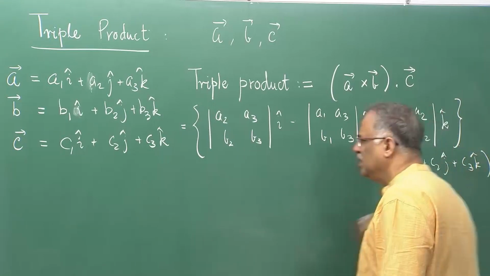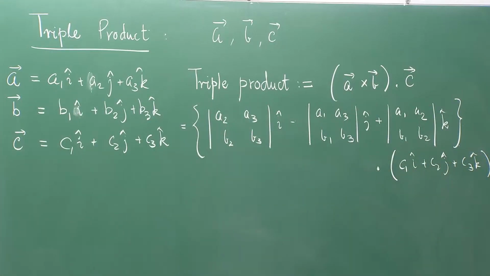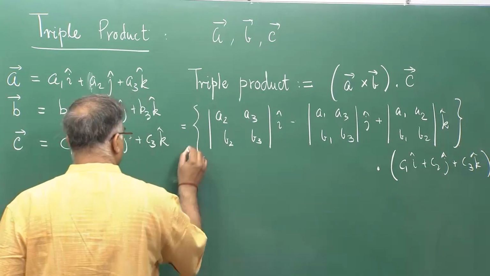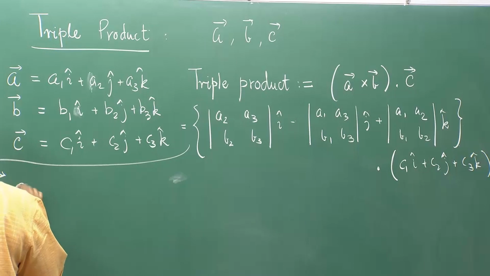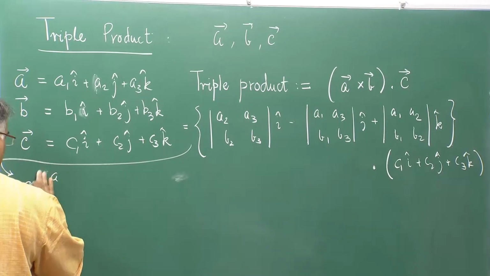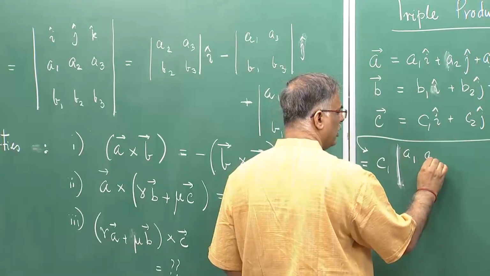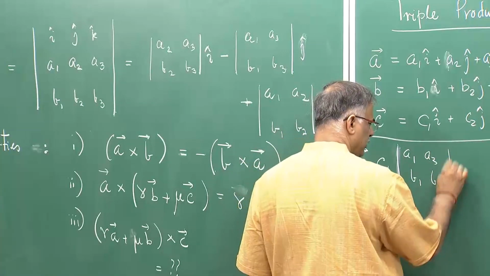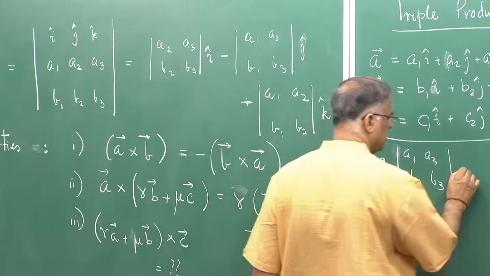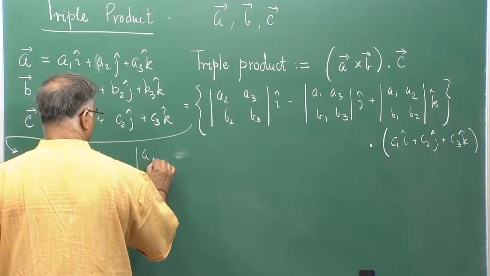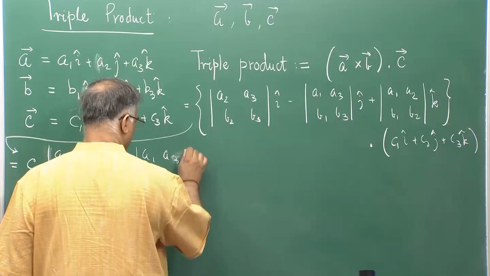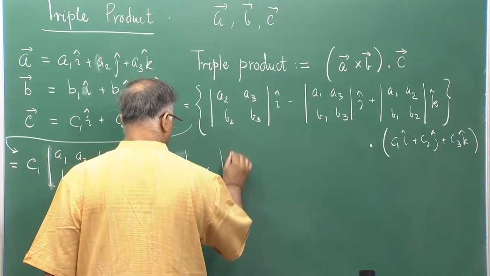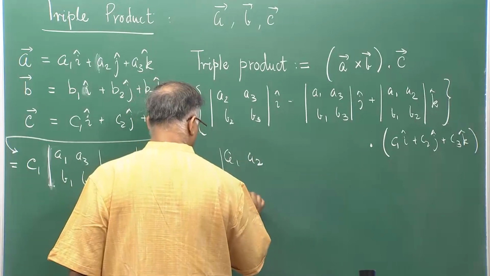If you recall the definition of the dot product which we had already given, then this whole triple product is nothing but C1 into the determinant of A2, A3, B2, B3, minus C2 into the determinant of A1, A3, B1, B3, plus C3 into the determinant of A1, A2, B1, B2.